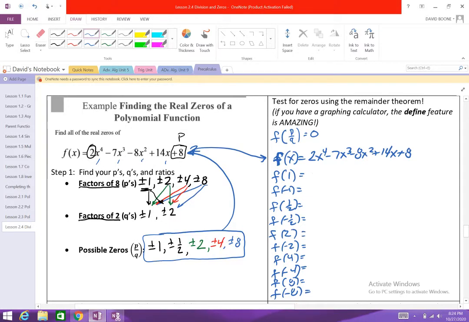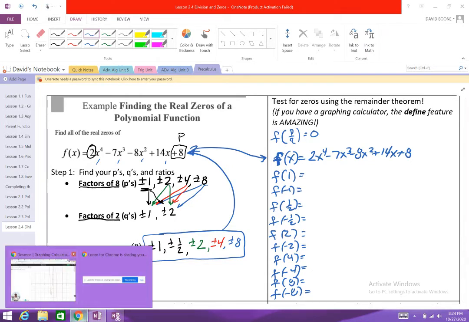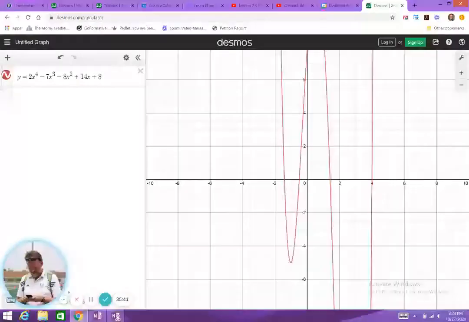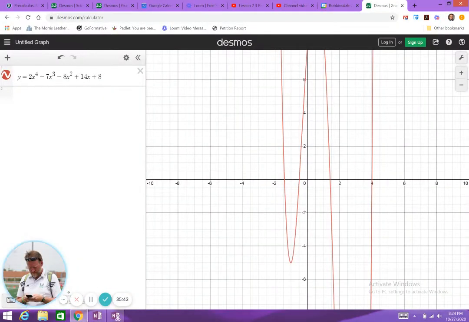It can be a little tedious work to put this in, and that's what I was going to say with the calculator. What you can do is go to Desmos, and what you can see when you graph this is that there are 4 zeros, which makes sense because the degree of this polynomial is 4.